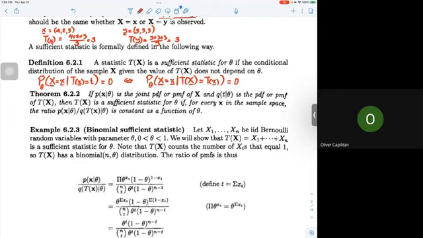But this definition is being used to prove theorem 6.2.2, in which theorem 6.2.2 will now be used to show whether a statistic T of x is a sufficient statistic for our parameter.